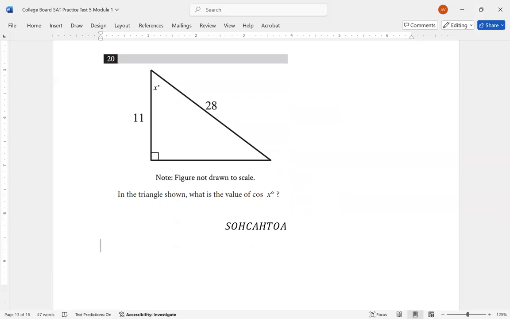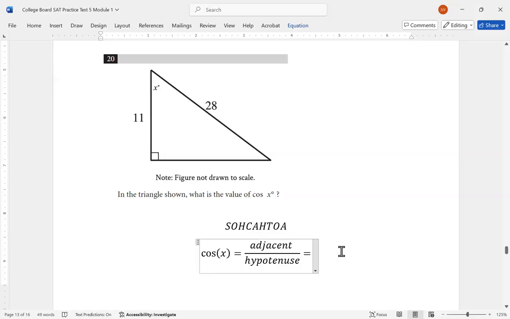That means sine is equal to the opposite over the hypotenuse, and cosine of an angle, in this case cosine of x, is going to be equal to the adjacent side over the hypotenuse. Tangent would be opposite over adjacent.